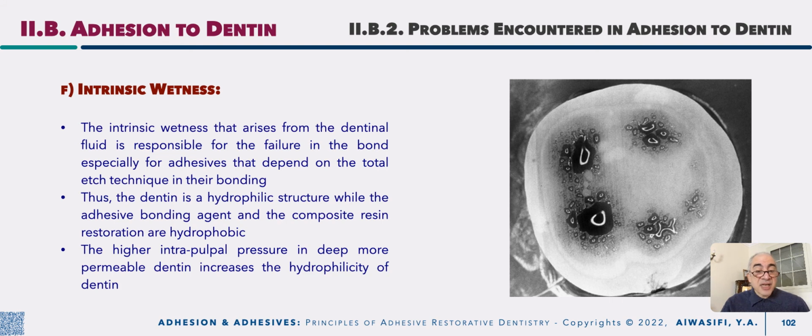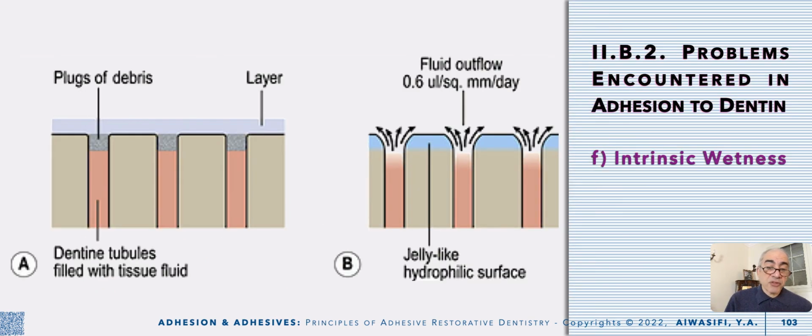Then the dentin is hydrophilic, and you will try to infiltrate it with hydrophobic resin material that will repel outside dentin. Then the surface of dentin itself, even if you manage the smear layer, you will face the intrinsic wetness of dentin. This is the nature of dentin itself. How could we manage all of these?